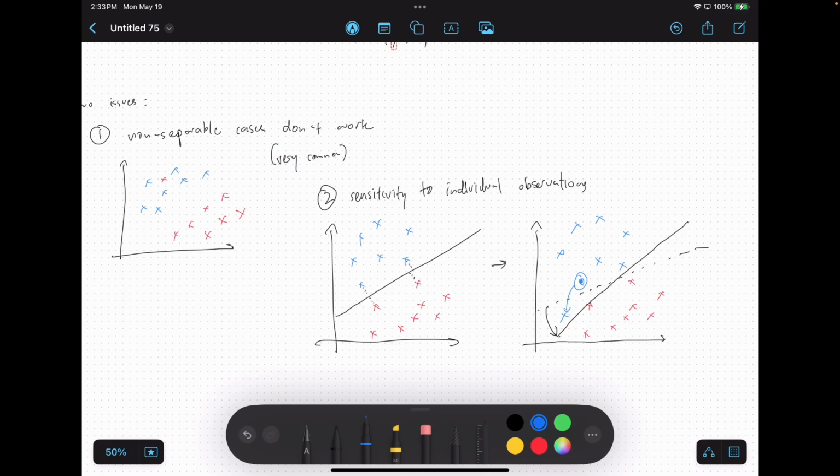And so the basic idea is that individual observations, even a single observation, can push the entire hyperplane in a certain direction because the hyperplane has to be maintaining this rule of separability, okay? And so this particular model, even in separable cases, is very, very susceptible to outliers.